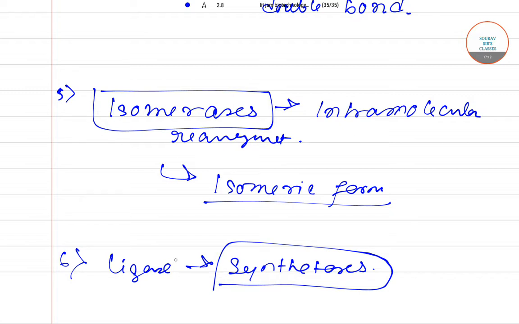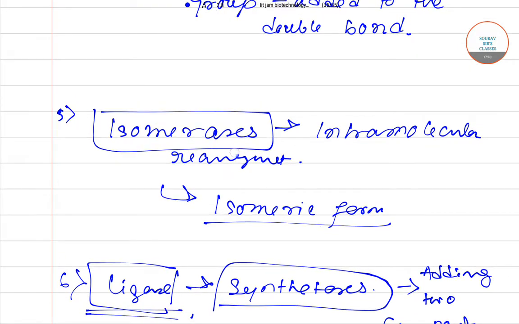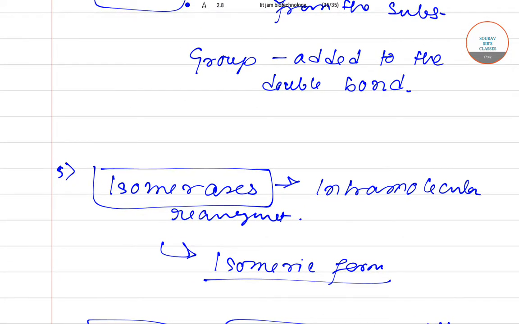So ligation is like a glue, adding two compounds together. That is done by the enzyme ligases. So this is all about the nomenclature and the classification of enzymes.